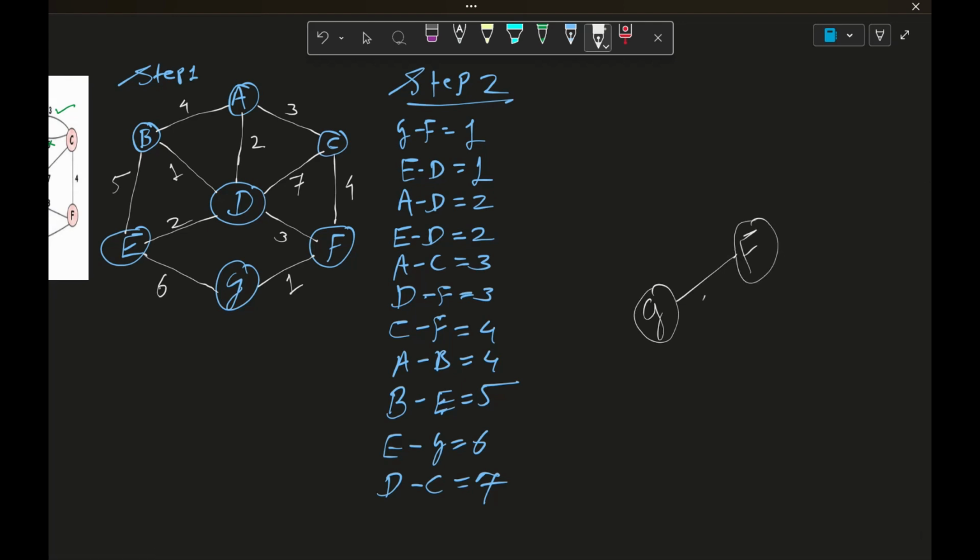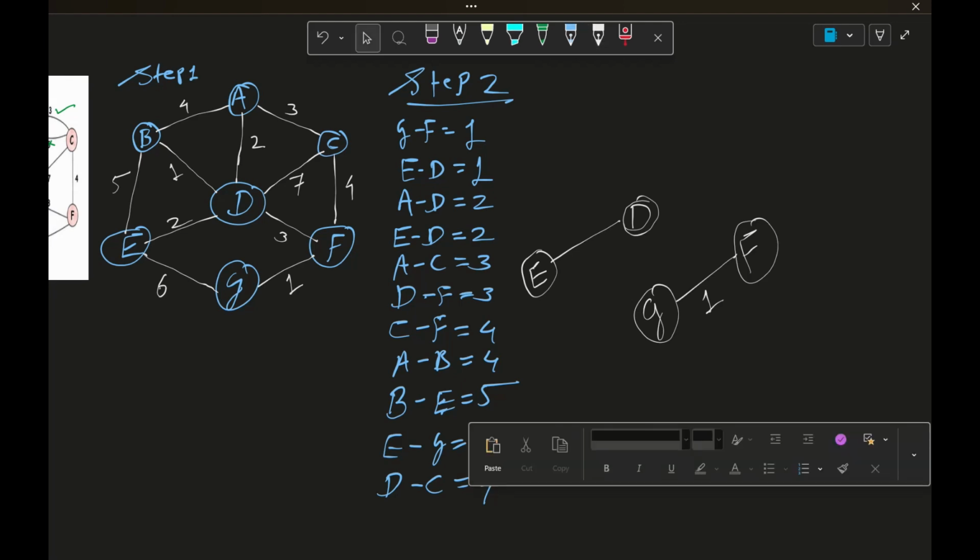Weight is just 1. Okay, next is again ED. So ED is somewhere at a different place. So D and E. Again it has the same weight, which is 1.